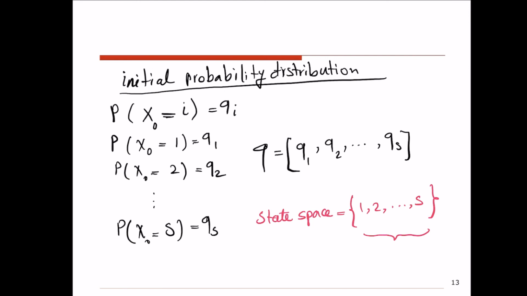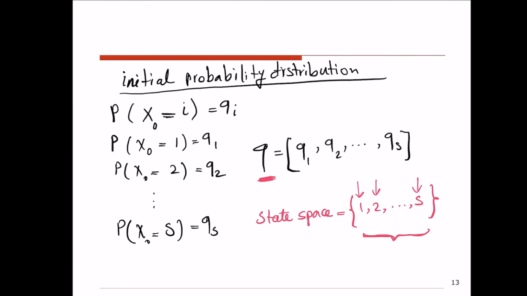We don't know exactly what the value will be in the next time step, but we know it's going to be one of these S possible values. If we know the probabilities that I can be at any one of these specific states at the very start, at time 0, and I put those probabilities together, I have what I call the initial probability distribution.